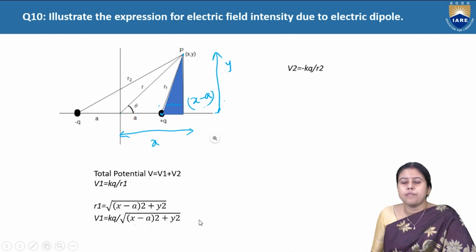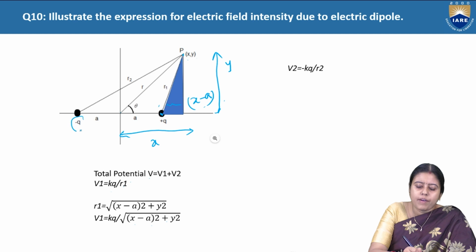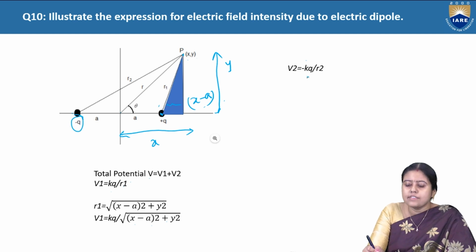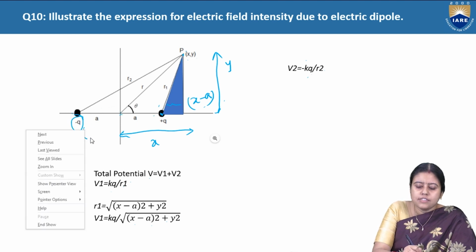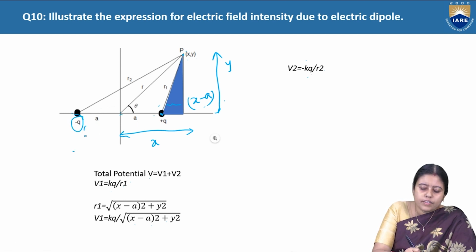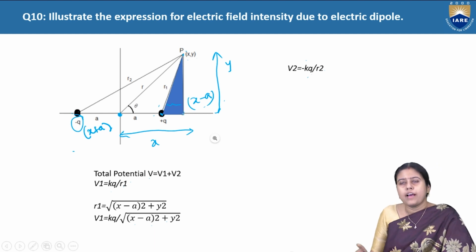Now if we think about V2, what is V2? It is minus q, so minus kq by r2. What is r2? If this point is x, so this is x plus a. From this it is x, so this point to this point distance is x plus a.